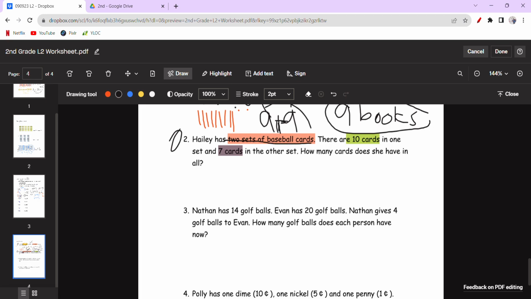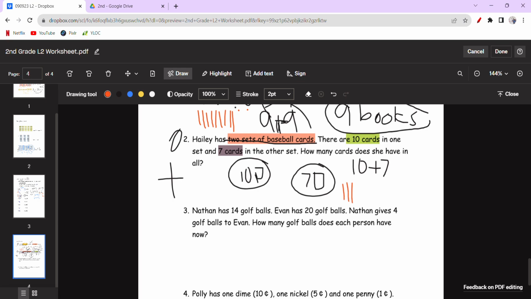So basically we could forget about the 2 sets, okay? So they're basically telling us that in one of the sets there's 10 cards, 10 of those, right? And then in another set there's 7 of the baseball cards. So basically this is another problem of just addition, okay? Addition. So 10 plus 7.